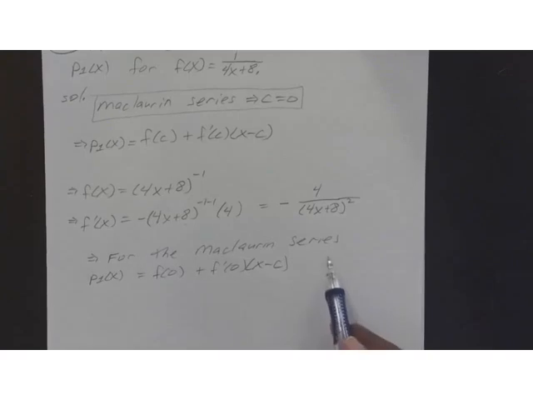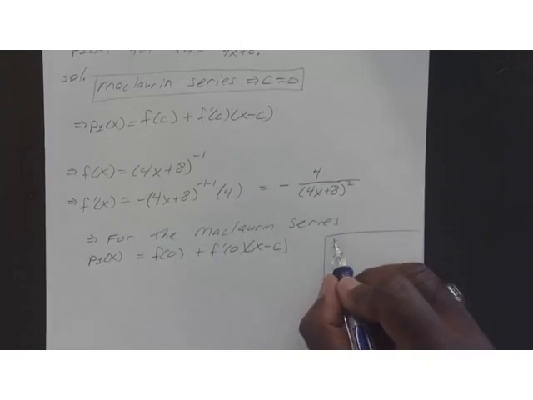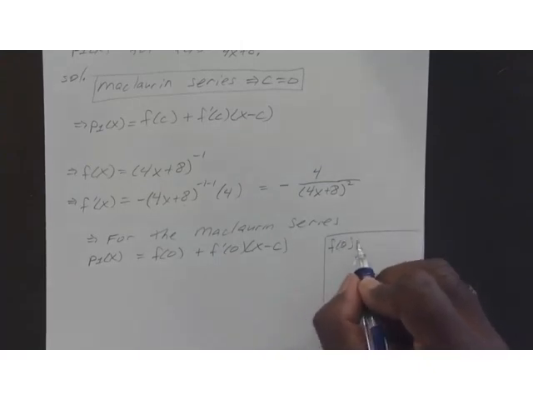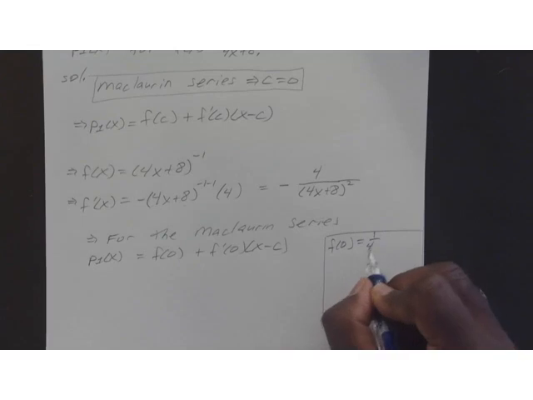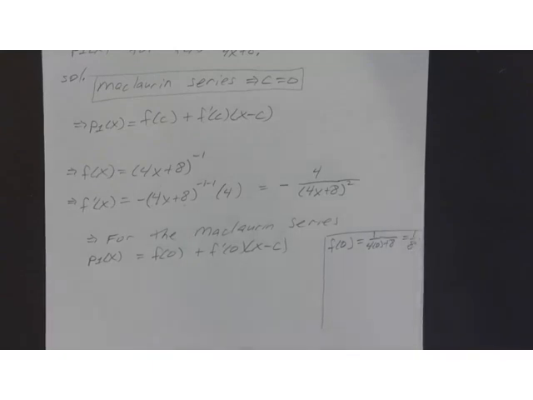Well, these are pretty cut and dry, so we can just do these right on the side. So f of 0 is just 1 over 4 times 0 plus 8, which is 1 over 8.